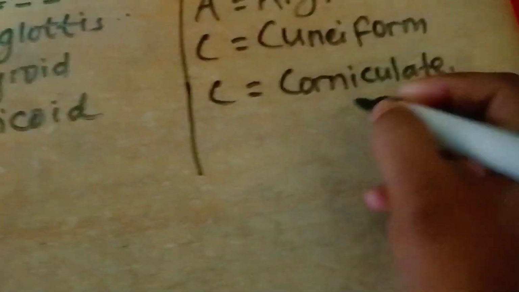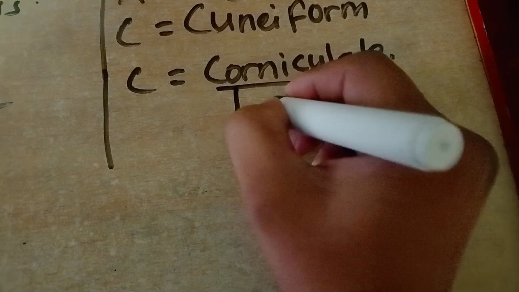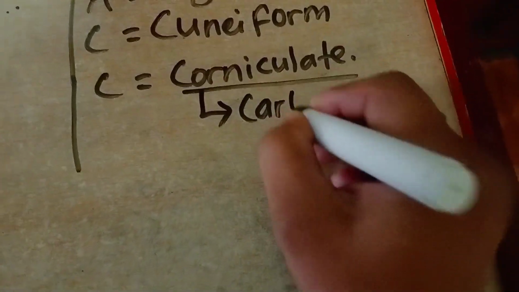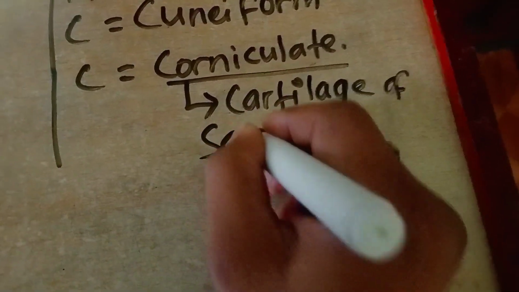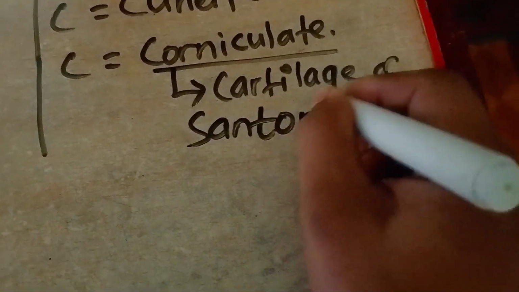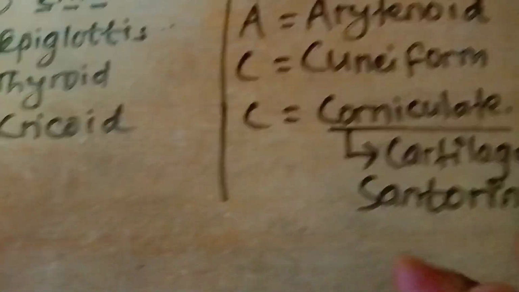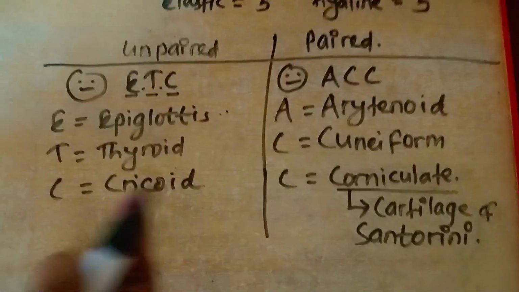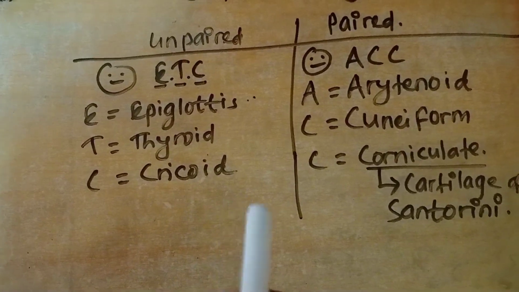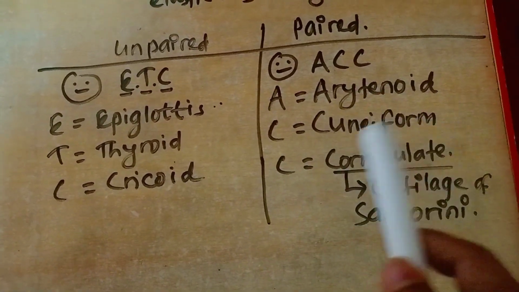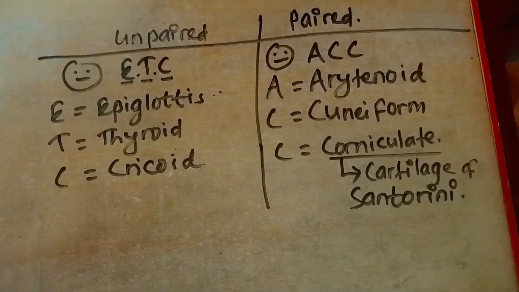So 6 and 3 total 9 cartilage. Also this cuneiform is called cartilage of Santorini. So it is now clear: for unpaired we have ETC, epiglottis, thyroid, cricoid, and for paired we have ACC, arytenoid, cuneiform, corniculate.